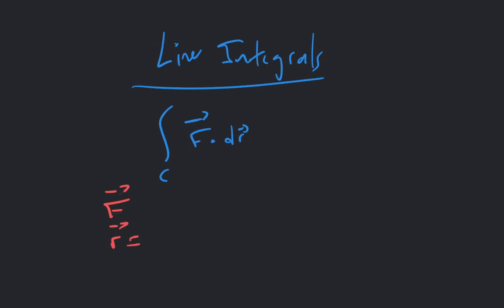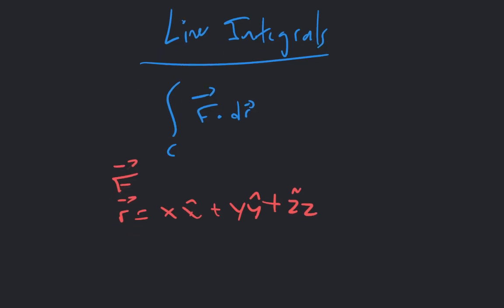So if we have r equal to x x unit plus y y unit plus z z unit, when we do dr, that's going to be dx x unit plus dy y unit plus dz z unit.